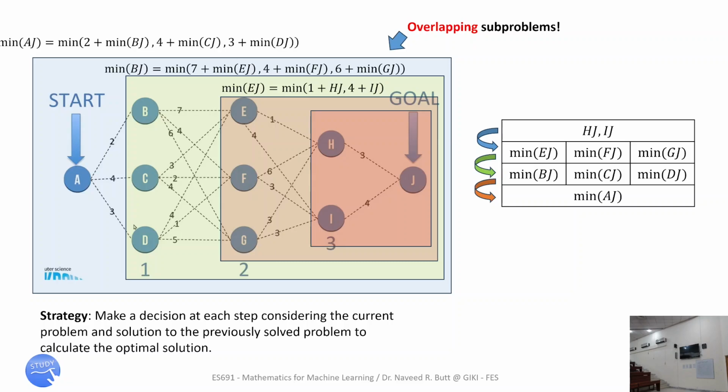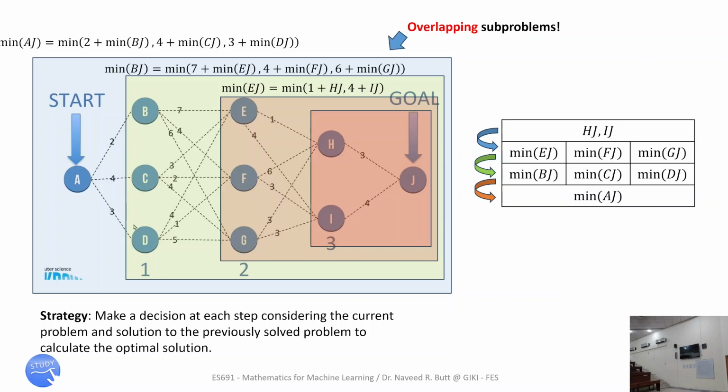Or this is one candidate from perspective of A. Or you go to C, which will cost you 4, plus the minimum of C to J, yes, plus or this one. But now the minimum of B to J is again similar, and that is again similar. We come to a point where you just have to calculate these minimums one time, that's it, yeah.